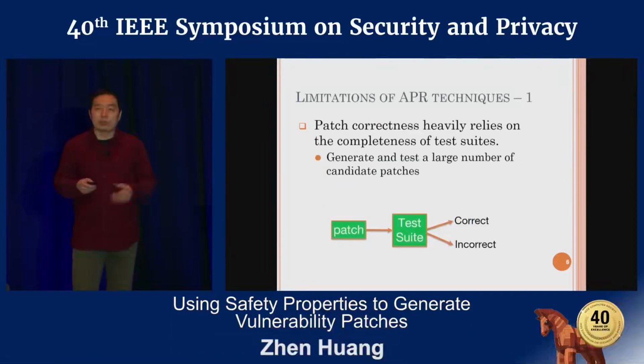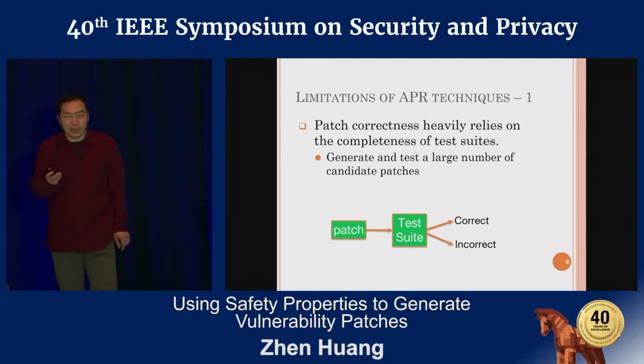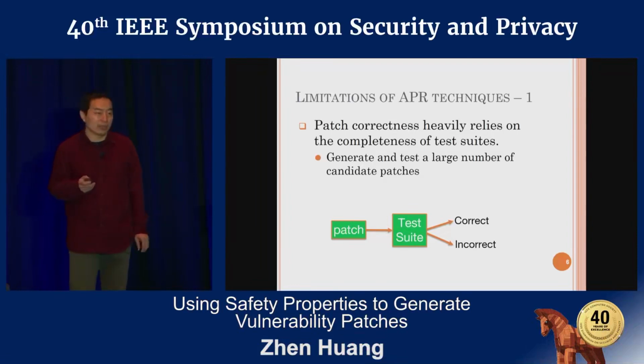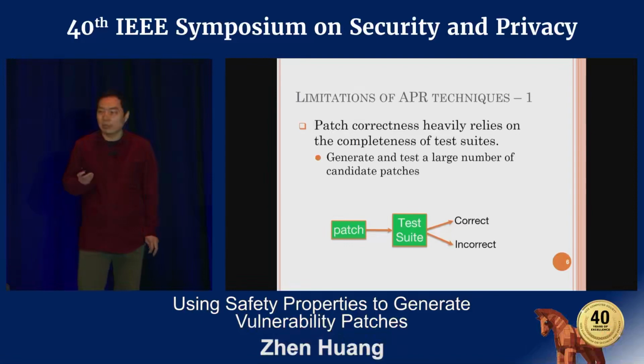In order to reduce the pre-patch window, many automatic program repair techniques, or APR techniques, have been proposed. Some of them leverage fixed patterns to mimic developers' patches. Some use genetic programming to generate patches.